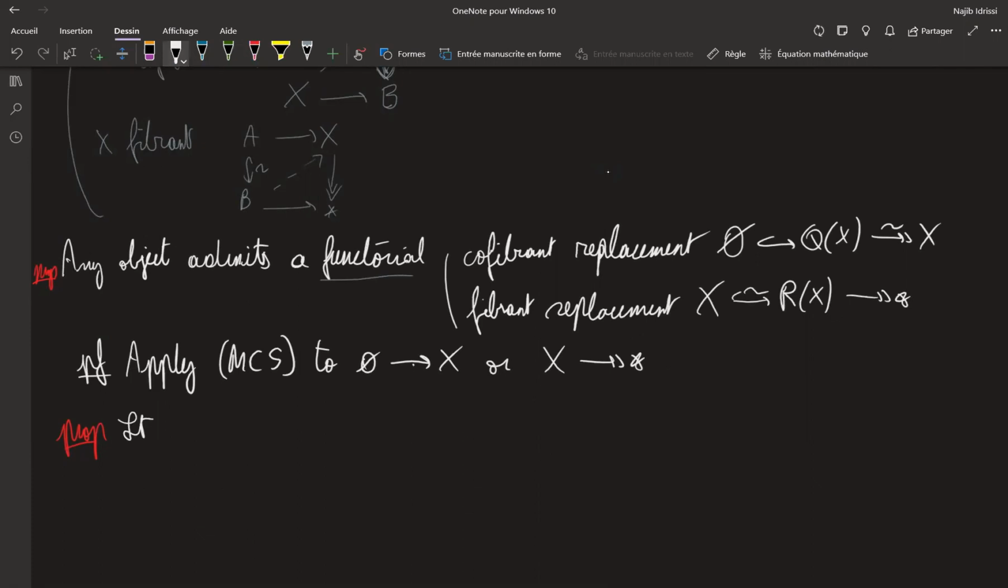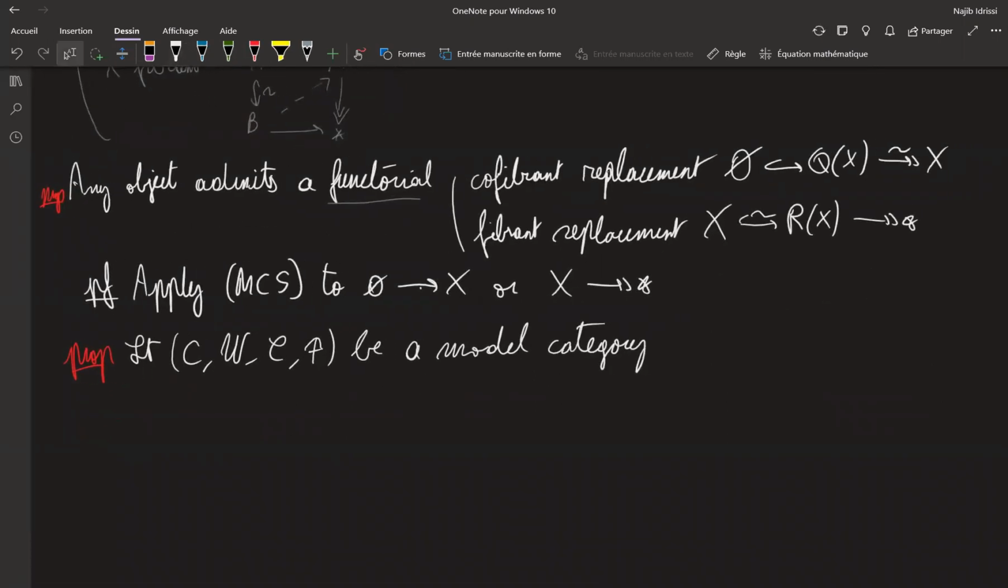So let (C, W, C, F) be a model category. So we have a few properties. So i is a cofibration if and only if i has the left lifting property with respect to acyclic fibrations, which I can also denote like this.